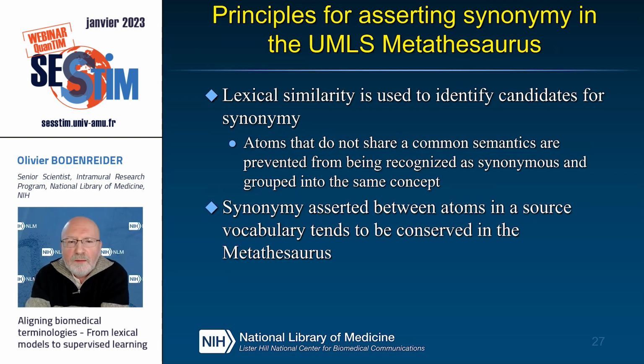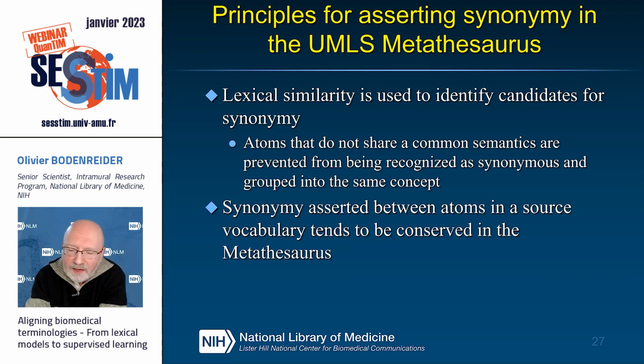So besides normalization, there's another principle that's used to curate the biomedical terms into concepts. The first principle is what we just discussed. Lexical variants are grouped together when they normalize the same, with one exception. Of course, we don't group together things that we know are different, even when they are lexically similar.